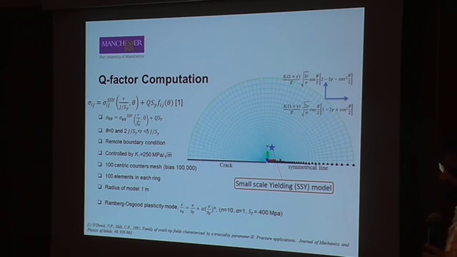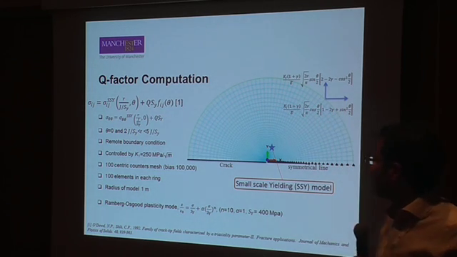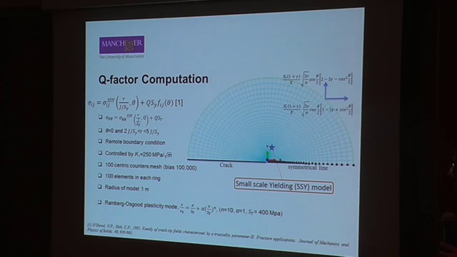For a small scale yielding solution, I modeled a large disk with a radius of about 1 meter and displacement boundary conditions controlled by the value of K, which in my case I set to 250 megapascal root meter. I put the theta direction at 0, and then I observed that, for example, sigma theta can be constant in my small scale yielding solution between 2 and 5, and the same for r between 2 and 5.